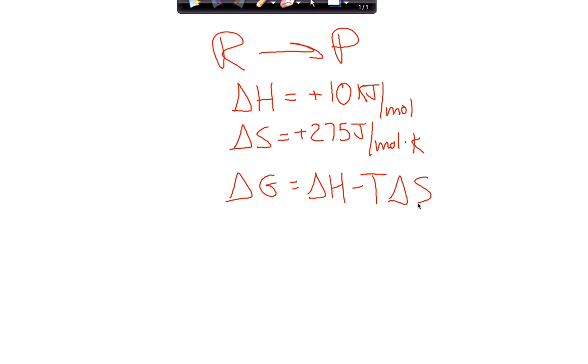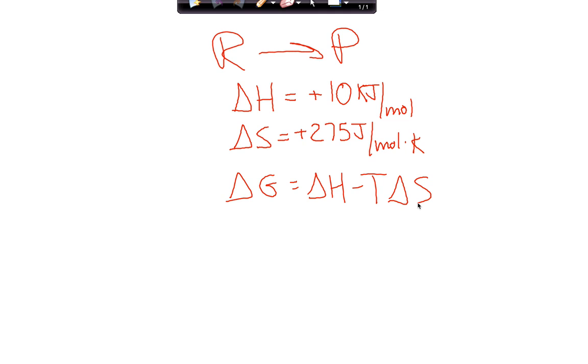Go ahead, Alice. Set it equal to 0. Because, guys, which one is it? At 0, is a reaction spontaneous or not? It's neither and both. It's at equilibrium. Do you see it?